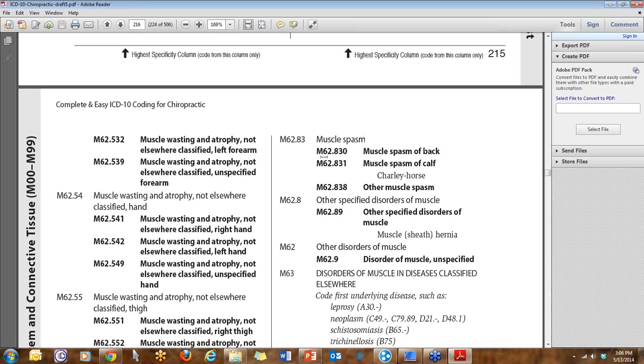If you ever wanted an ICD-9 for Charlie horse, our patients have Charlie horses, well, there isn't one, but there is here for ICD-10, muscle spasm of the calf, Charlie horse. This is what I mean. There's other notes that will say maybe some other wording for this, but here's the one that we'll use for the neck, M62.838, other muscle spasm. Because of the specificity, this is going to allow us to do it for the back. This will allow it for the neck.